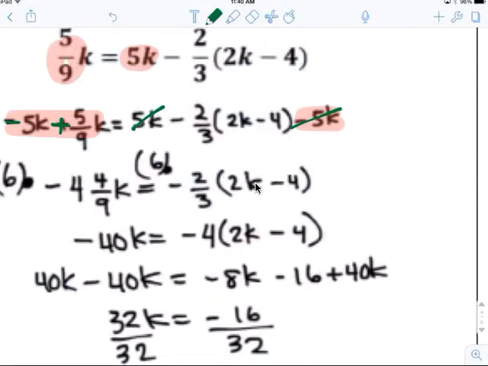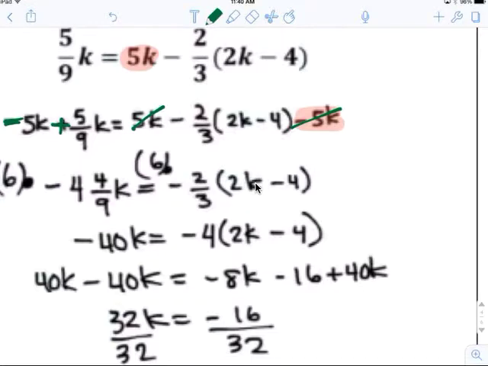Either way, they can write it 5 over 9k plus a negative 5k, which is the same thing as a minus 5k. They just switched it around, wrote that in front, knowing that's a minus 5k, and a minus means the same. Alright?